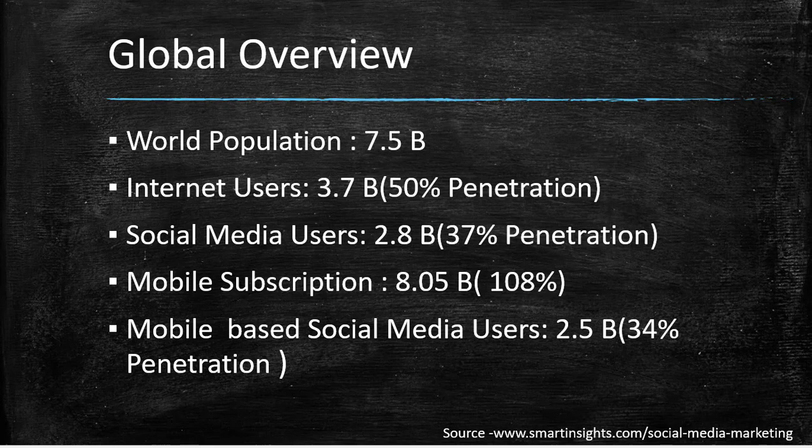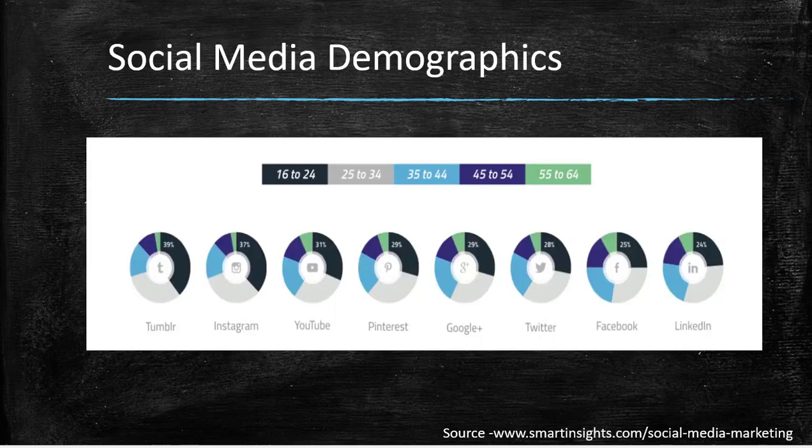Now let's see what the social media demographics are. We talked about geography. Now let's look into demographics. Almost every age group of users is present on social media, whether someone is 16 years of age or 60 plus.